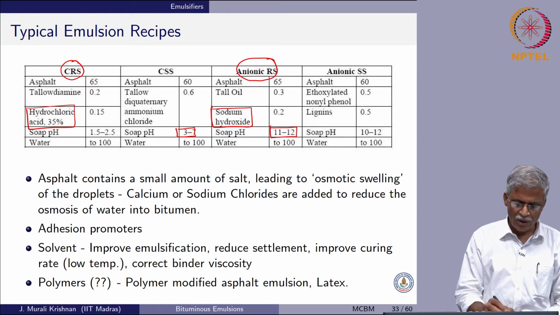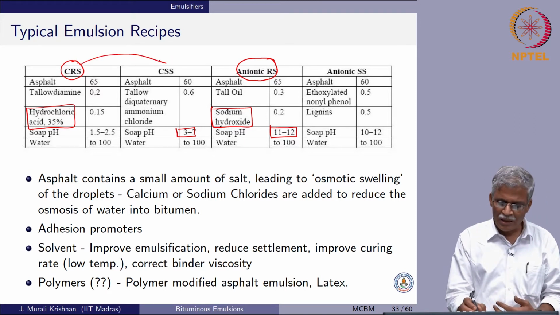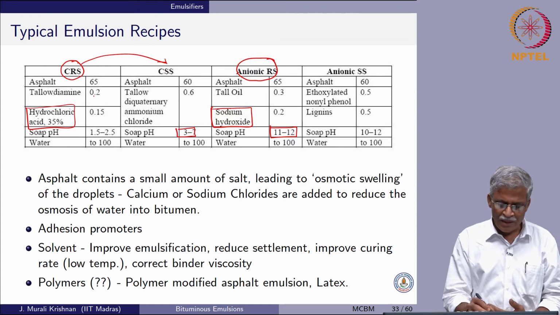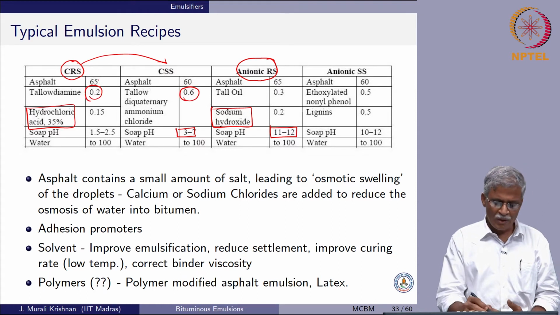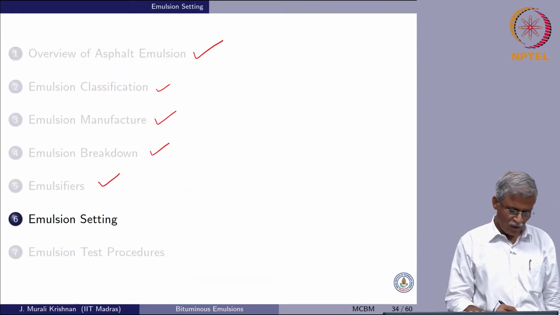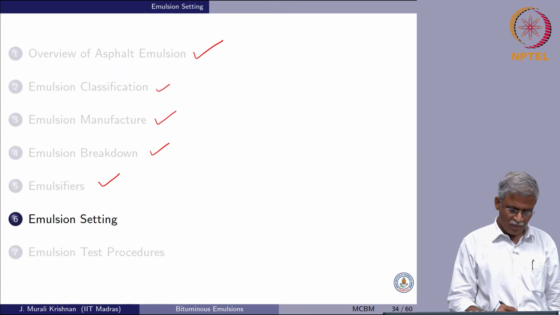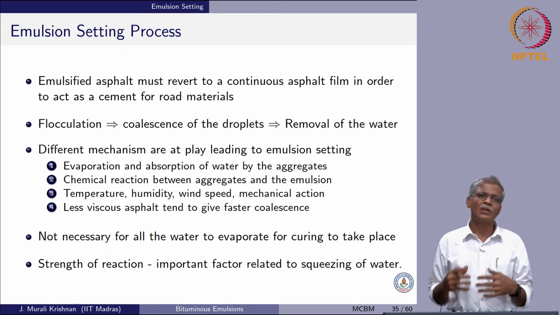And what is the difference between rapid setting and slow setting? It basically depends on how much is the dosage that you have and what is the percentage of binder that you have got.